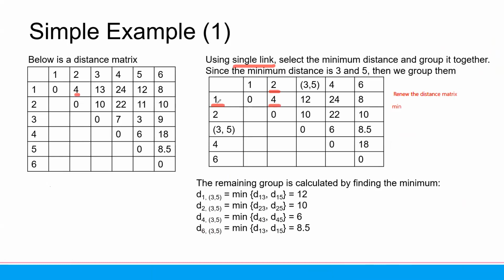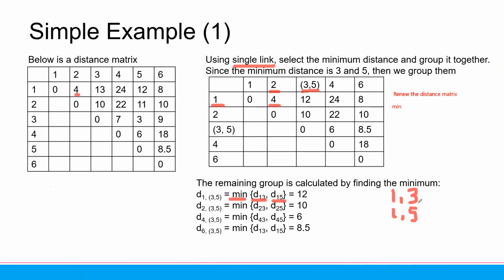But what is the distance between 1 and 3, 5? Here, we need to select the minimum between distance 1, 3 and distance 1, 5. D13 means the distance between 1 and 3. D15 is the distance between 1 and 5.